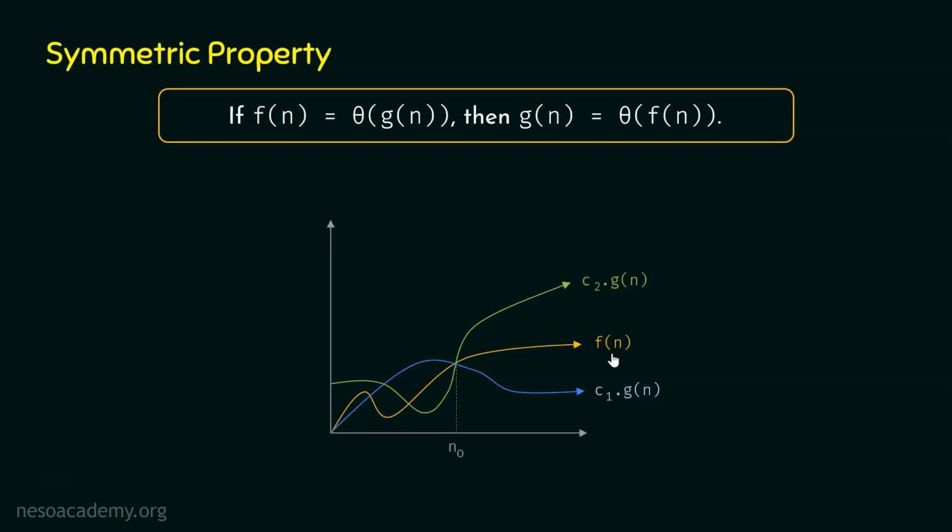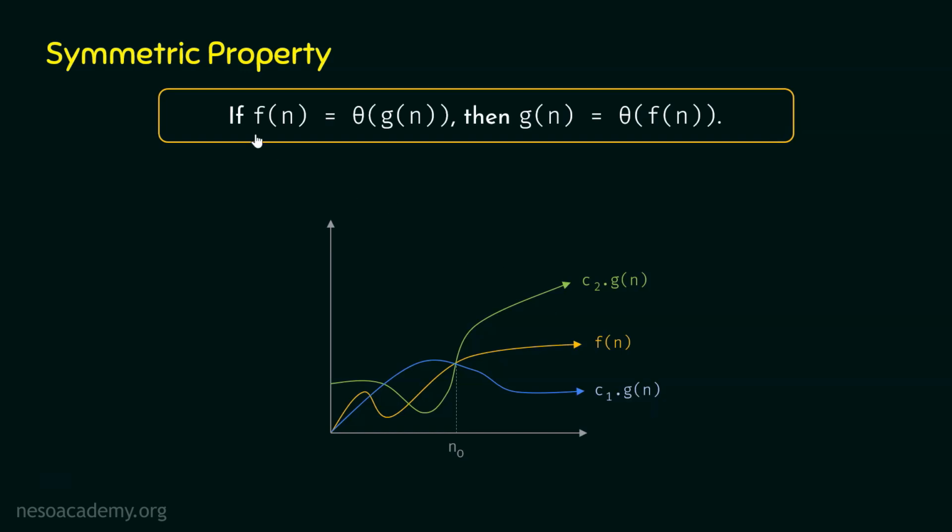So clearly f(n) is theta of g(n). We already know the definition of theta notation, and from the definition also we can say f(n) is less than or equal to C2 times g(n), but it is greater than or equal to C1 times g(n). So we can say that f(n) is theta of g(n). This is from the definition of the theta notation.